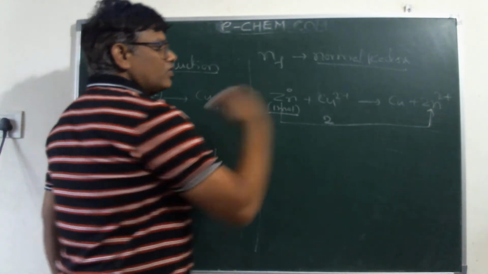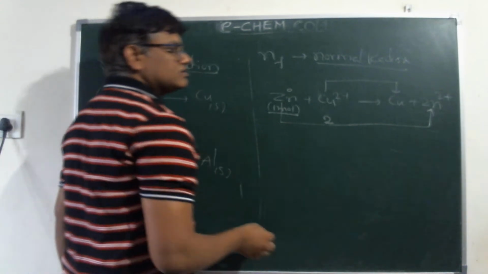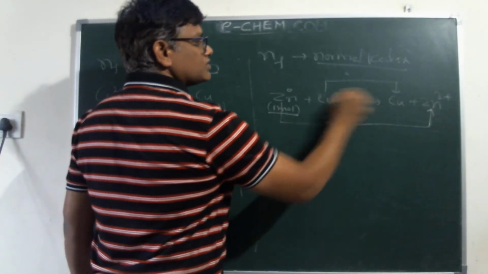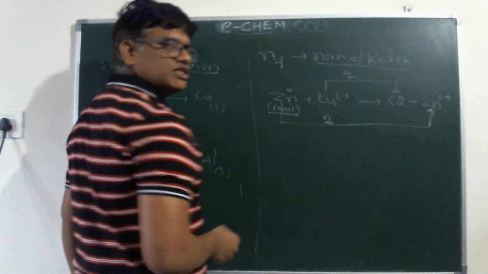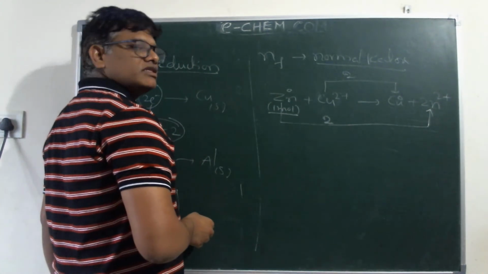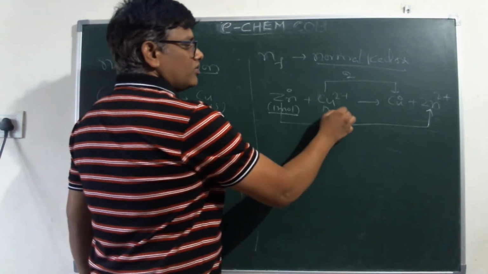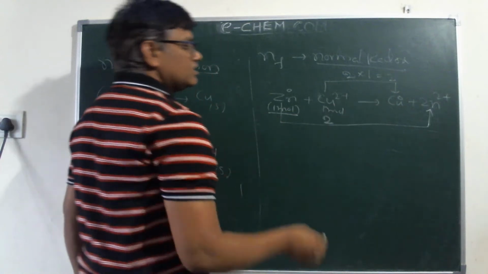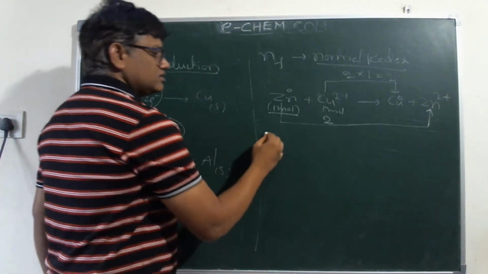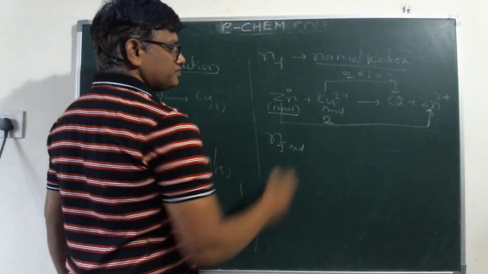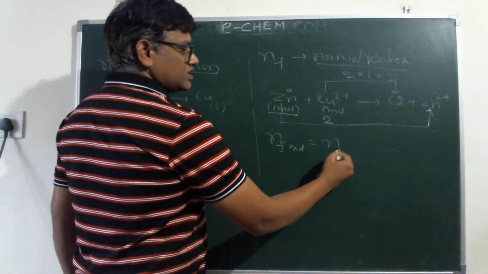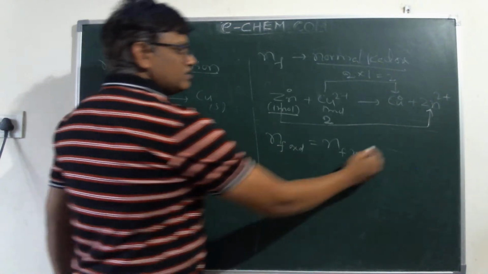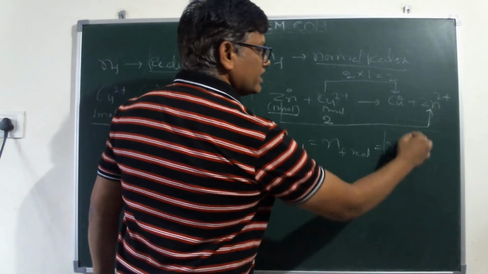If you go for the reduction of copper, converting copper ion into copper solid, the change of oxidation state is plus 2 to 0, so the overall change is 2 units for 1 mole of the compound, multiplied by 1. So with respect to either oxidation or reduction, if it is the same, then the n factor for the reaction is to be taken as the same.